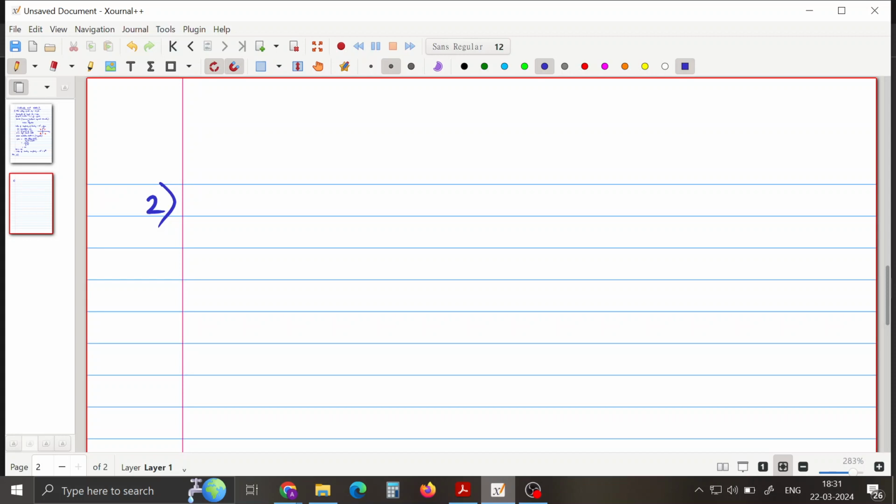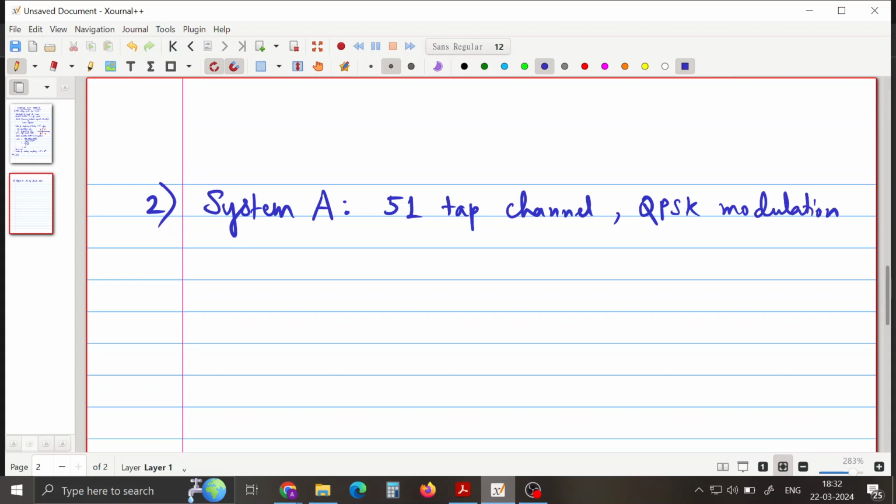First, I will just write down the specification for system A. For system A, we have a 51 tap channel and QPSK modulation. We basically need to find M to the power L to find the order of the decoding complexity.